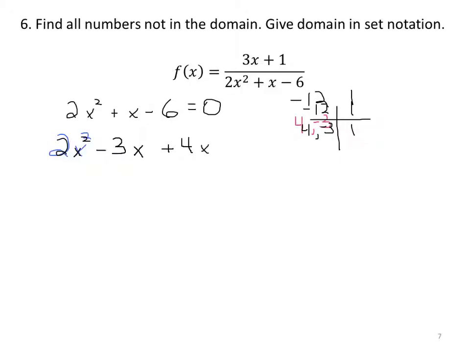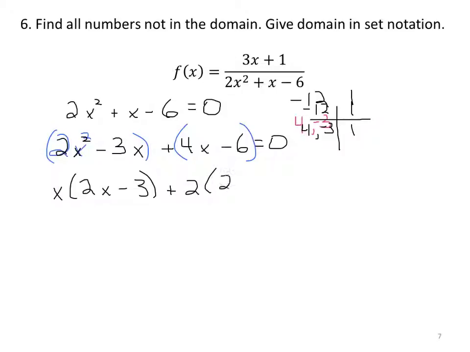So that takes care of this term, and then I just bring down the 6. Now it's set up for grouping, so I group, and then I pull out common factors on each group. In the first group, that's going to be x, leaving 2x minus 3, and in the second group, it's going to be 2, also leaving 2x minus 3.